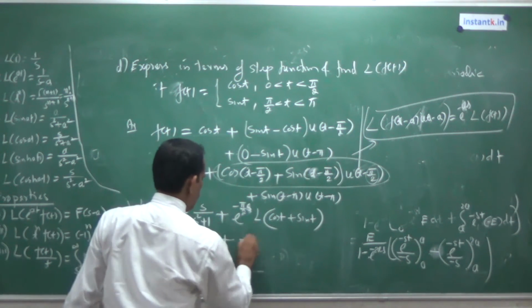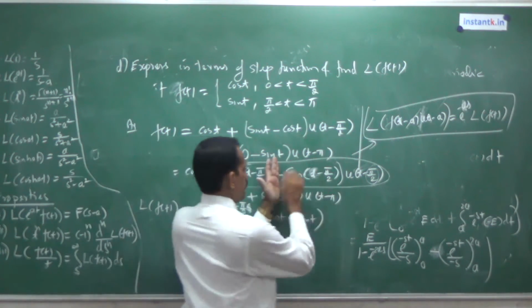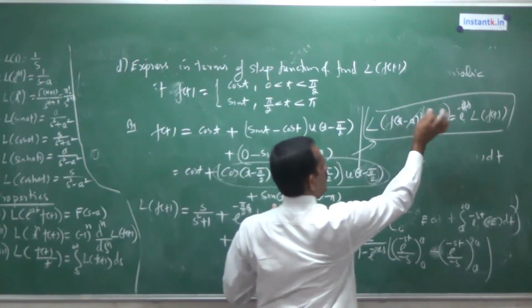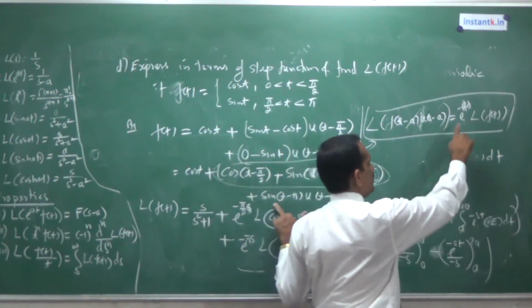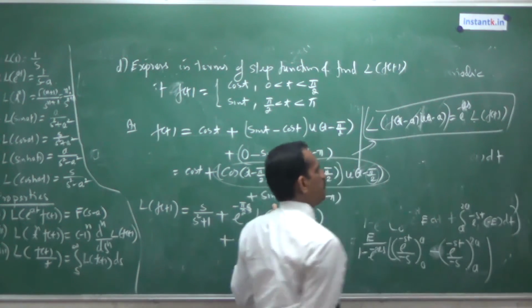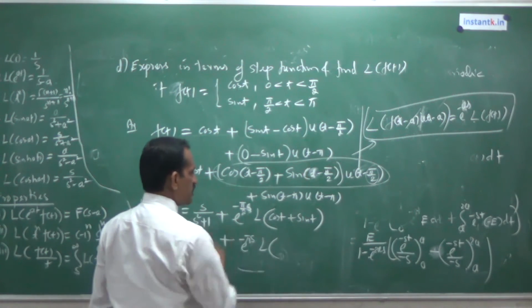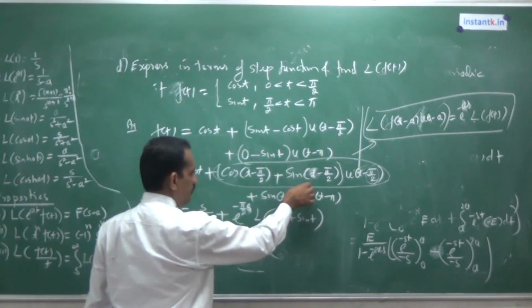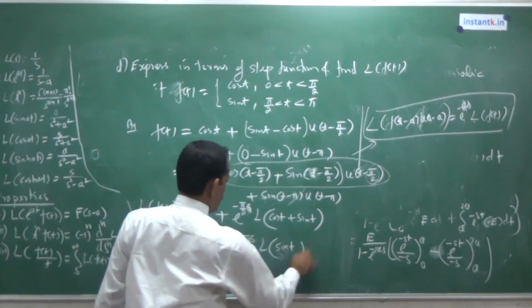So it is e power minus pi s into the same rule: the Laplace transform of this product is, by the second shifting property, e power minus as into the Laplace transform of f of t. What is a here? Pi. How do we get f of t? From f of t minus a, delete this pi. So we get sin t.